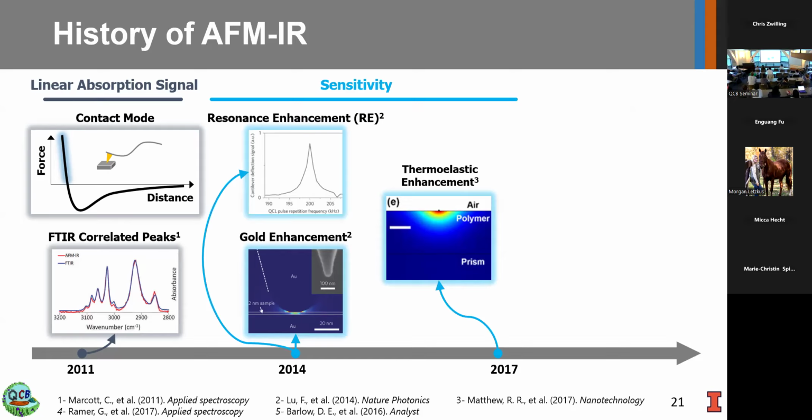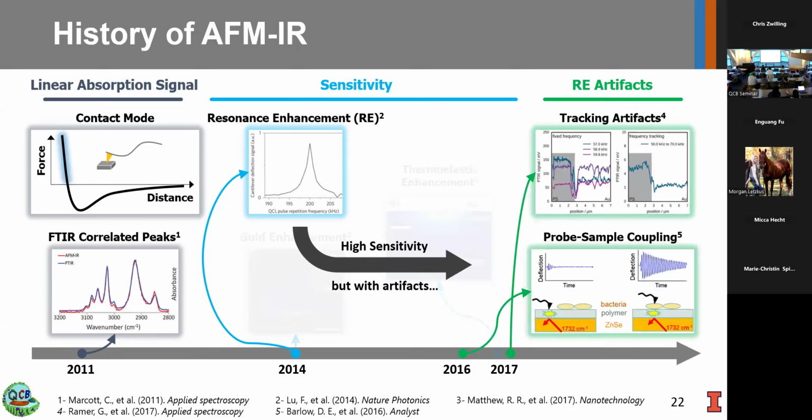So ideally, we would like to harness basically all 3 of these effects simultaneously to get the highest sensitivity in the measurement. However, in addition to increasing sensitivity, it usually comes with some sort of artifact or issue, which can be shown here, for instance.